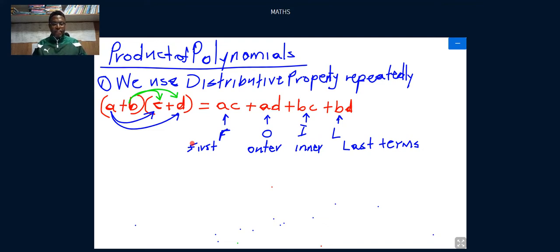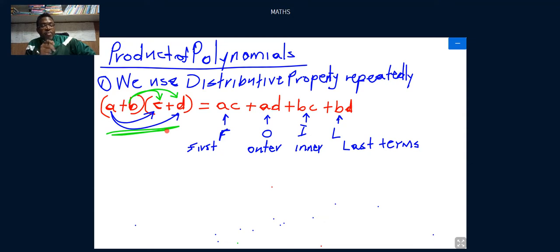Okay. On the product of polynomials, you can see here, we are multiplying. What are we doing here? It's the distributive property. We keep doing it repeatedly.